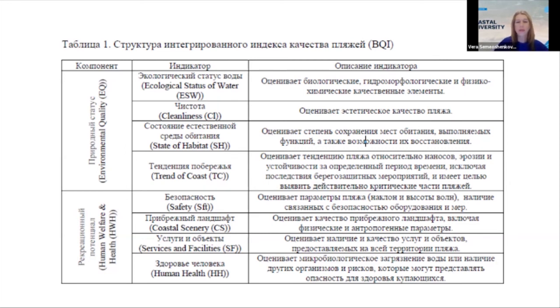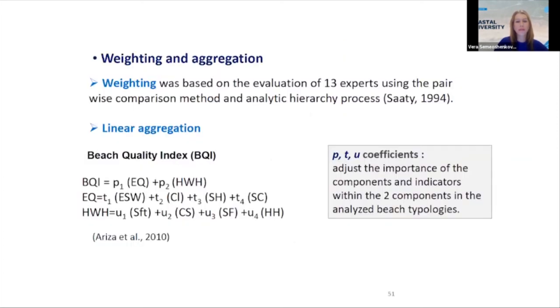Next slide, please. Here you can see the integrated index components and the coefficients. Each parameter had its own weight, which was predetermined from a survey of experts, because depending on the type of beach, different parameters could have bigger or lower weight.